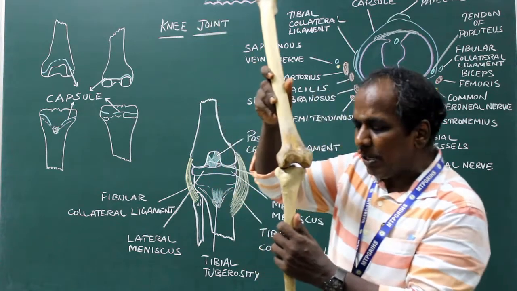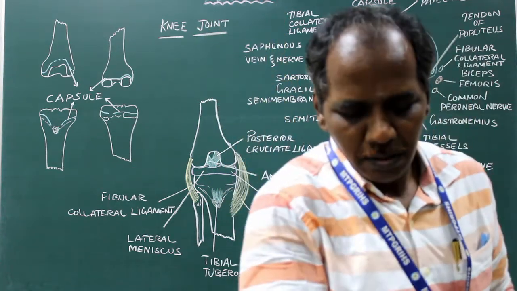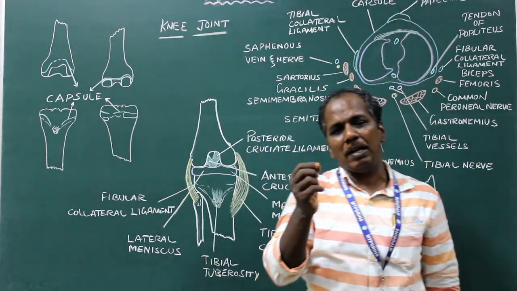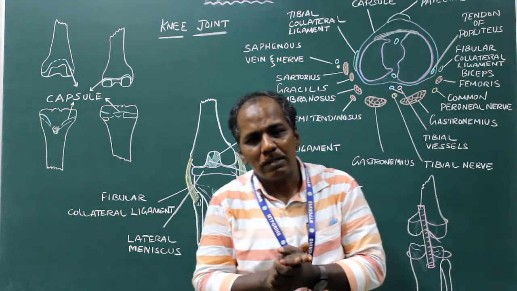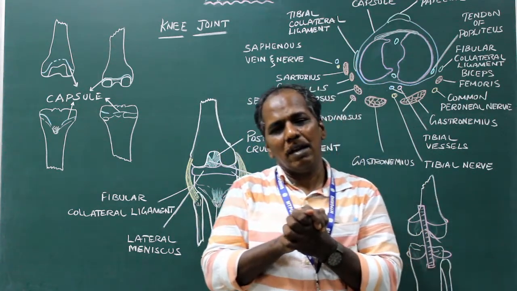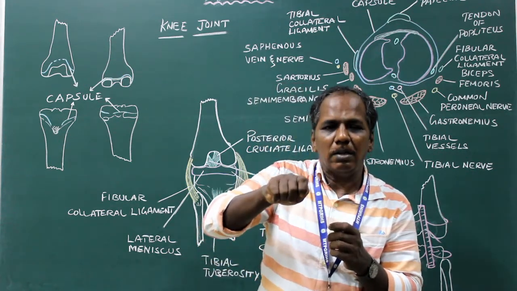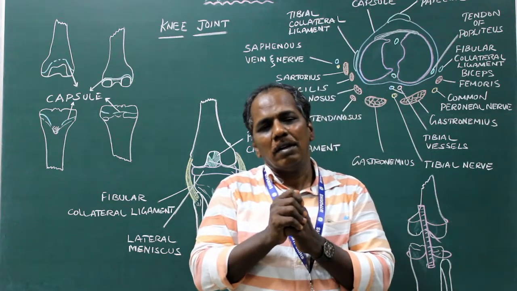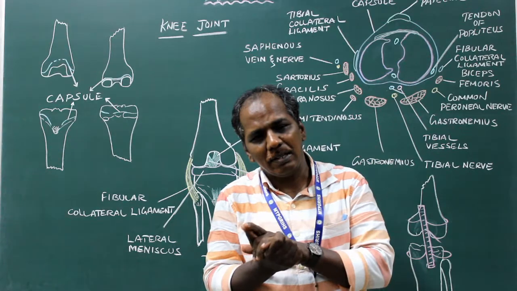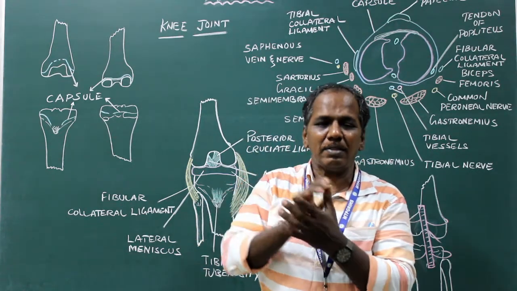There is a slight medial and lateral rotation in the knee joint. During extreme extension, the thigh is rotated medially and it is screwed and locked in position. During flexion, there is a reverse action, that is the thigh is rotated laterally and it is flexed.